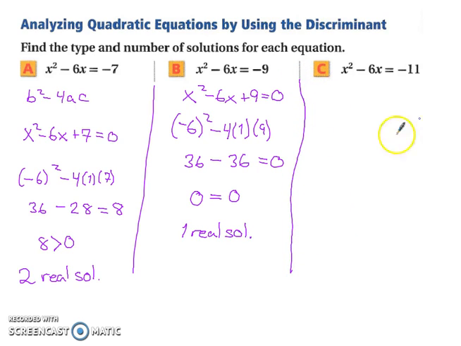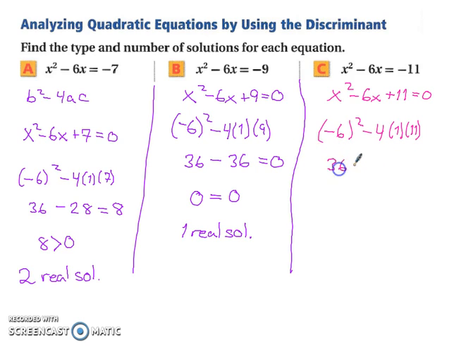Alright, let's try this next one. I'm sure you can probably take a guess since we have two of the three possibilities already tried out, but let's double check to make sure. Once again, make sure you have everything off to one side and equaling 0 before you go on. So we have negative 6 squared minus 4 times 1 times 11.